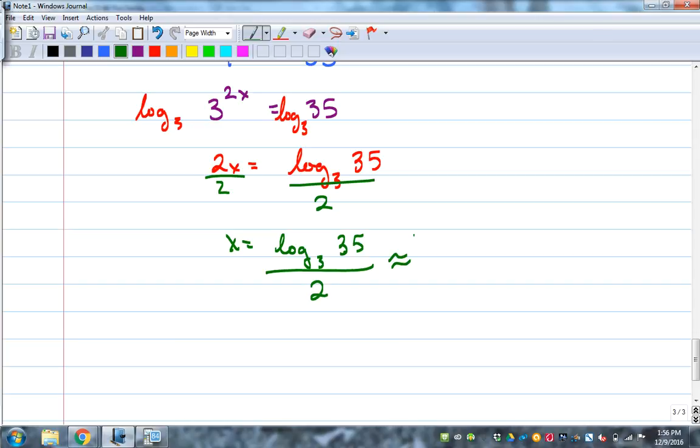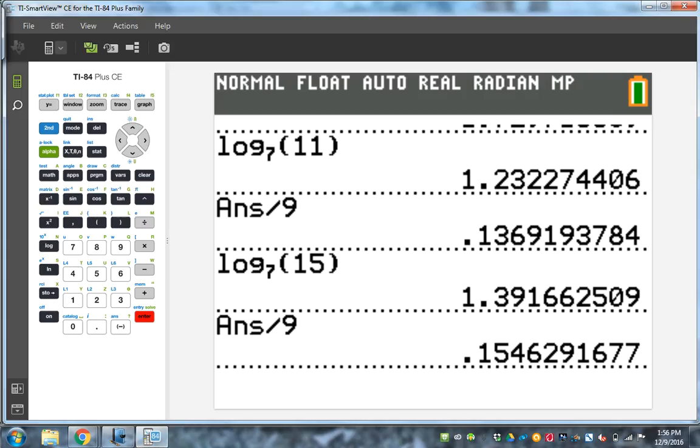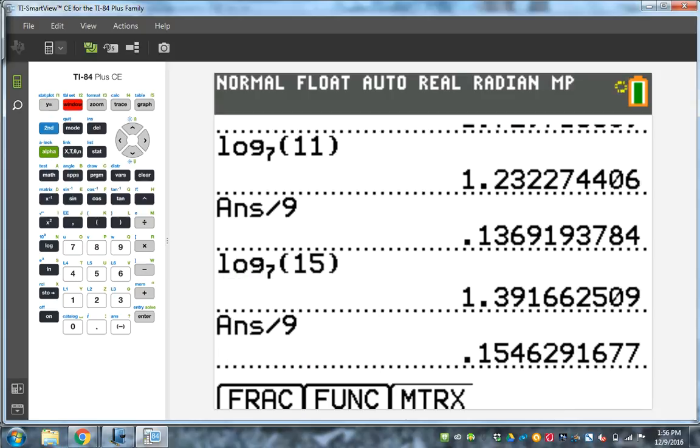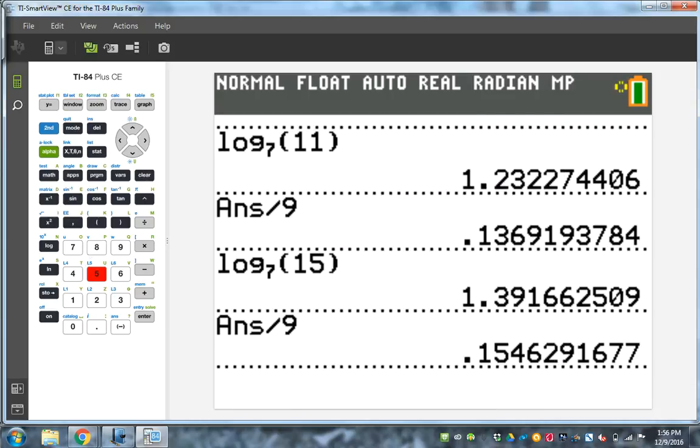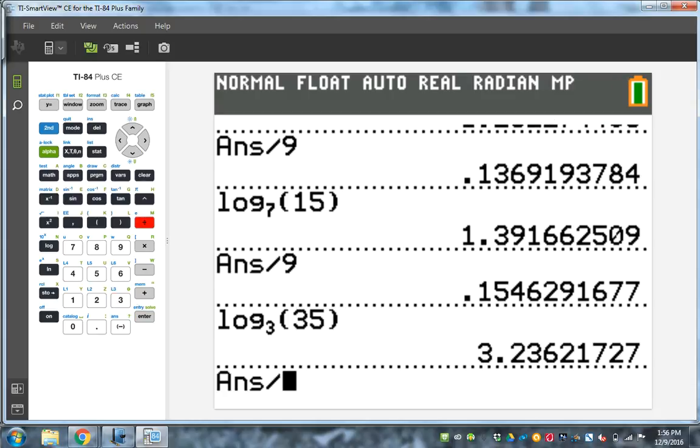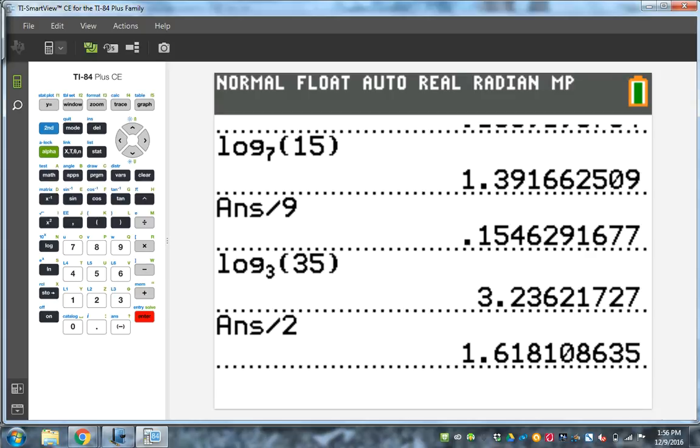And we're going to get the decimal approximation for that. Log base 3 of 35 divided by 2.